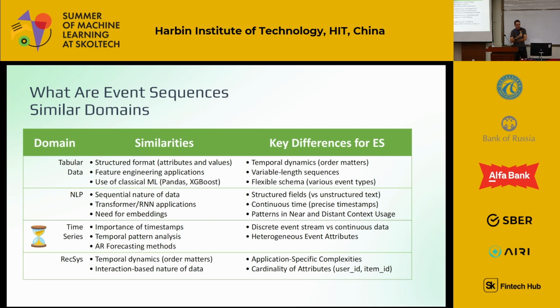Sequential recommender systems I think are the most similar to event sequence, and the key difference is the problems for which we apply the modeling.